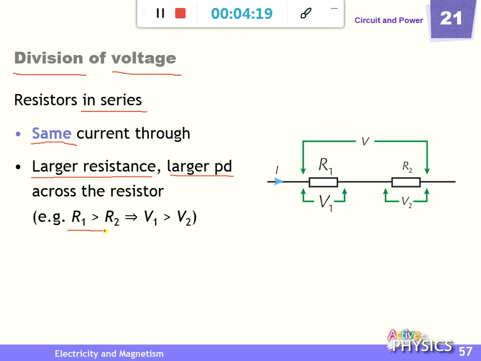Here is an example. If R1 is greater than R2, then V1 should be greater than V2. Why? Because V1 is IR1 and V2 is IR2.